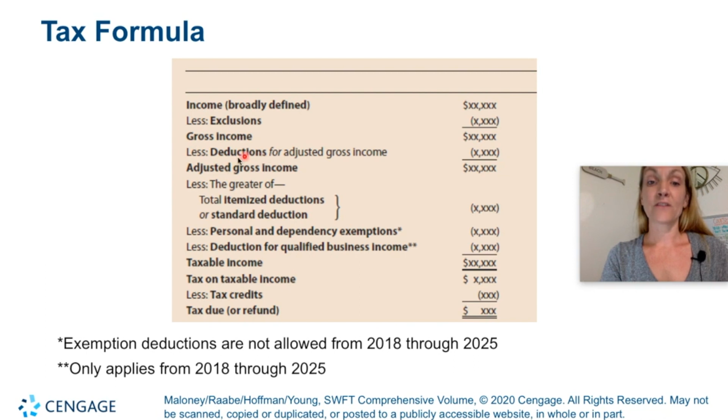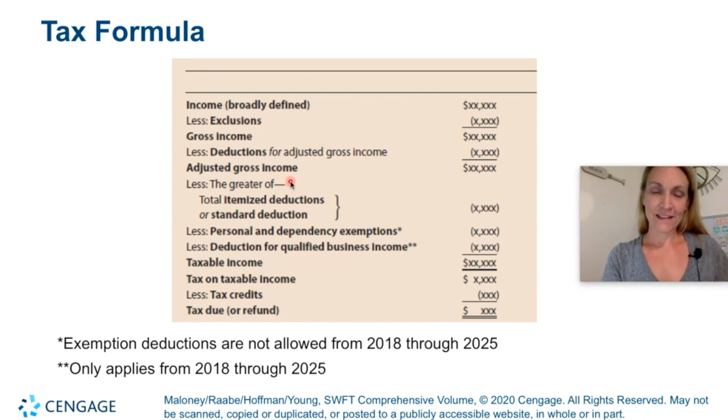Then less are deductions for adjusted gross income. So specific deductions bring us to this important subtotal on our tax return called adjusted gross income. It's an important subtotal because a lot of credits, tax credits, limitations, and various calculations are based on this amount, or an amount based off of this amount, often called modified AGI, for a specific calculation.